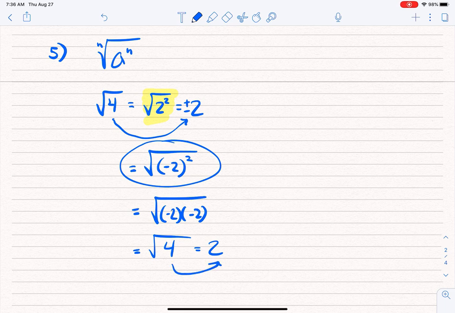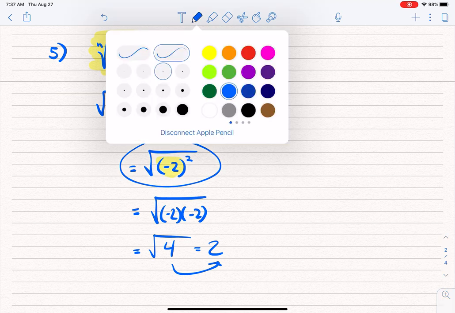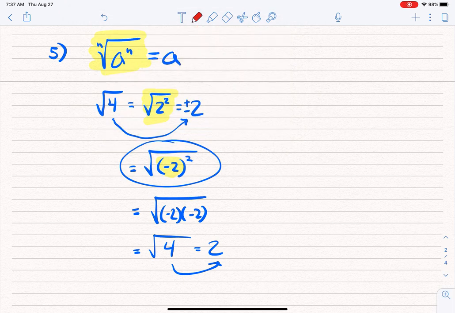But see, I started with a -2 on the inside. So I can't look at this top example right here and say, so therefore it is always equal to a. Because it's not, okay? Because on this one right here, my a value was -2. And yet my answer is +2.